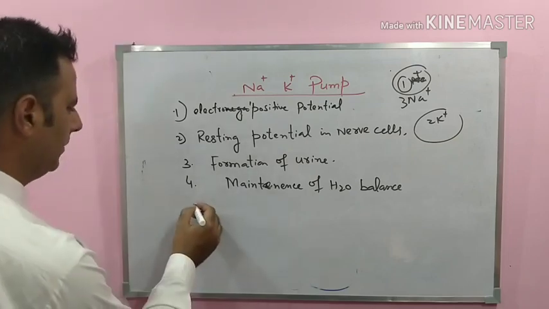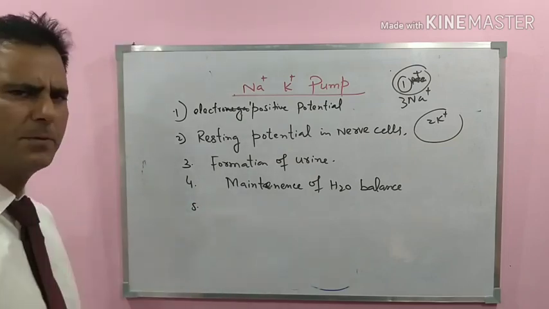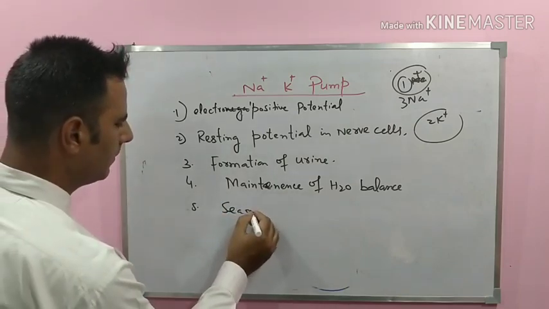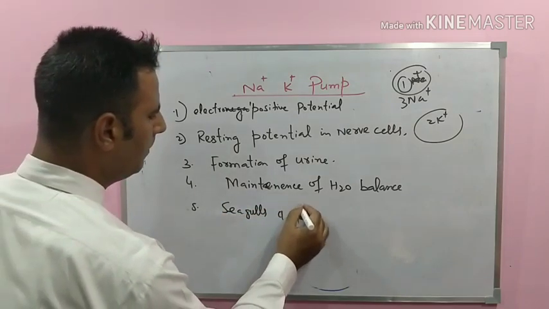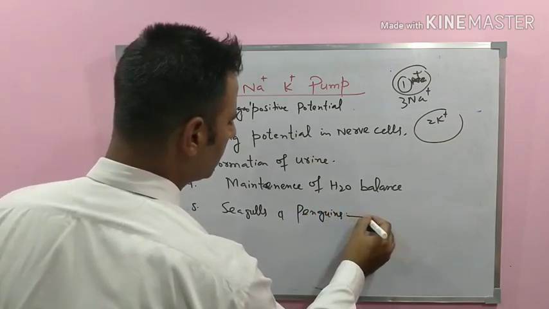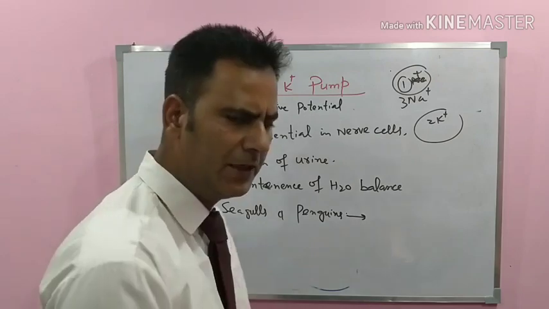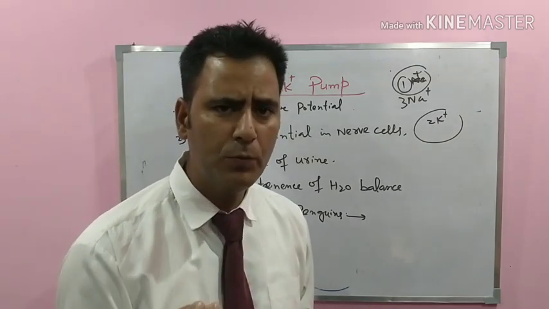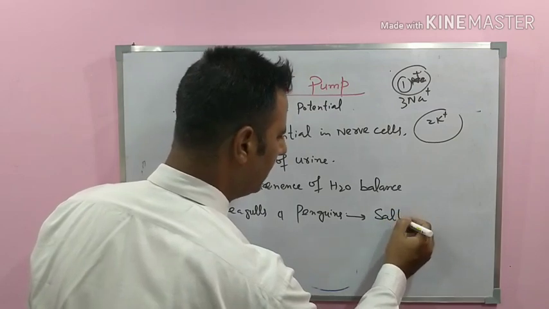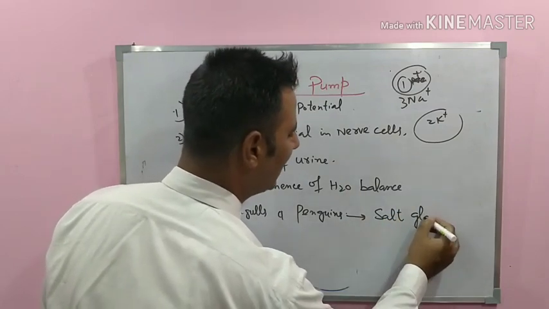And one more thing, in the case of some marine animals, like seagulls and penguins, they are taking in salt water and consuming more sodium, and in the nasal tract they have a salt gland.